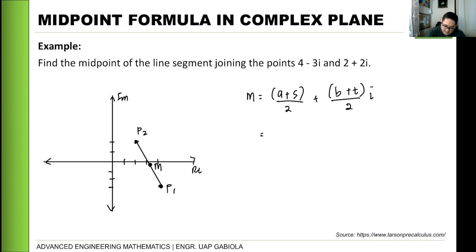So we have 4 plus 2 divided by 2 plus negative 3 plus 2 over 2 i. So we have 3, then we have negative 1 half, so negative 0.5i. So this will be our complex number equivalent ng ating midpoint for this problem.